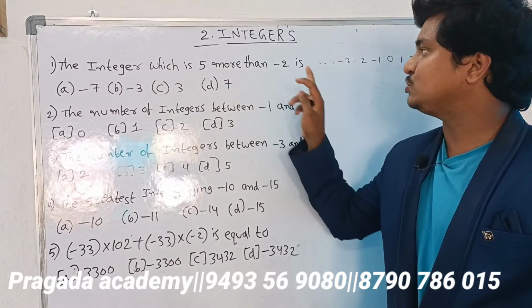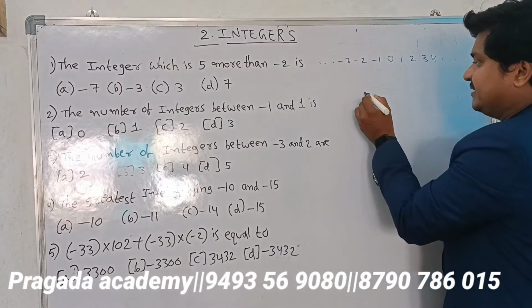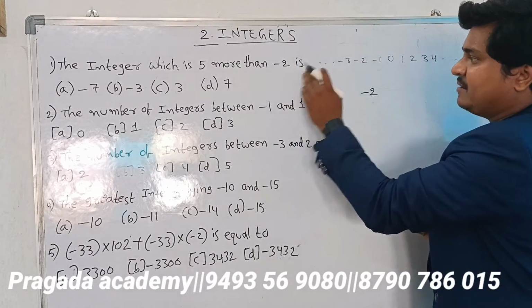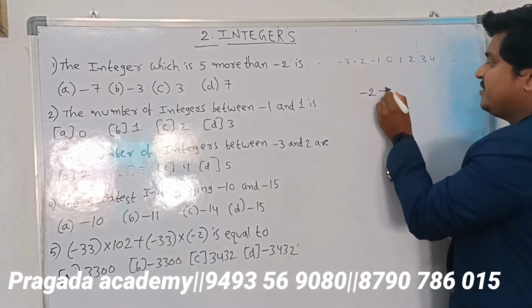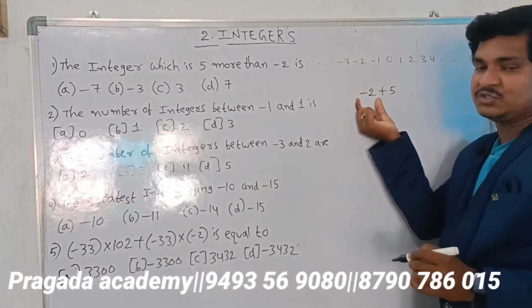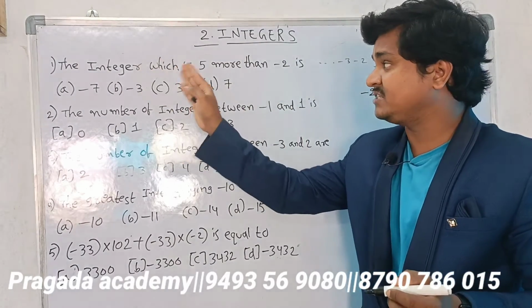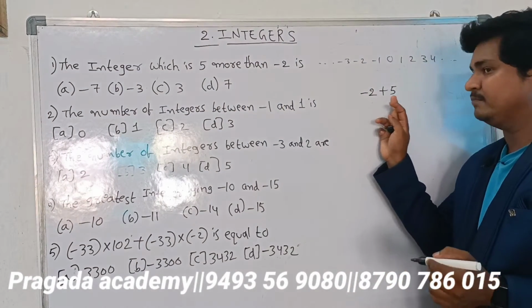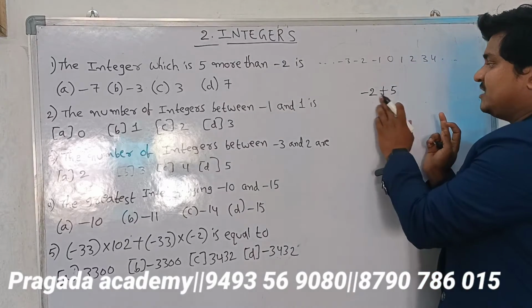more than -2 is. See, they told the integer -2, the integer which is 5 more than -2. More means we need to add +5 to the -2. So -2 plus 5.